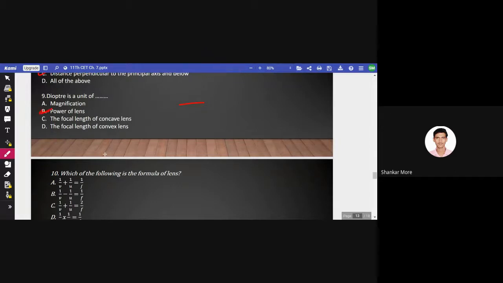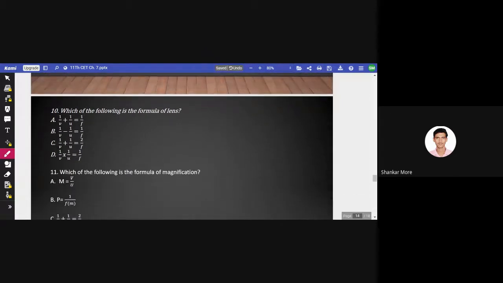What is the formula of lens? 1 by v plus 1 by u is equal to 1 by f, or 1 by v minus 1 by u is equal to 1 by f? Is it plus or minus?